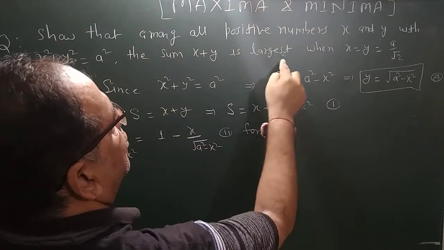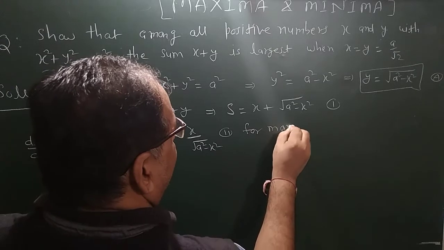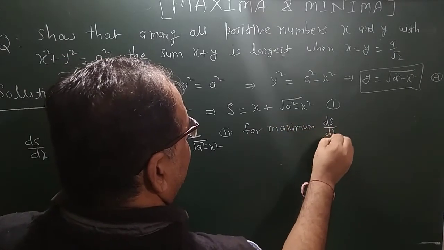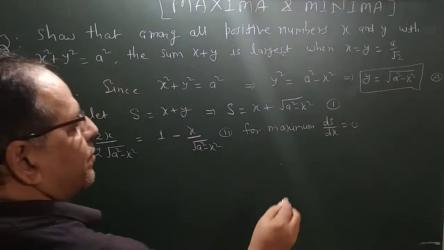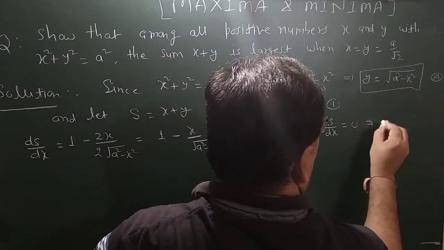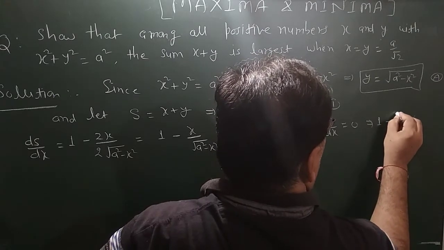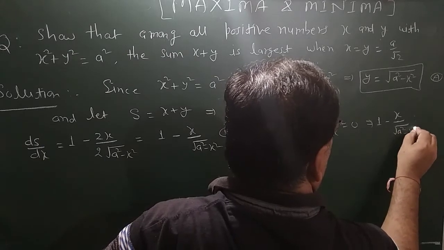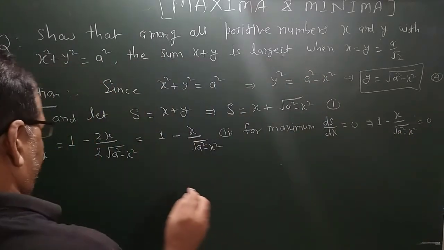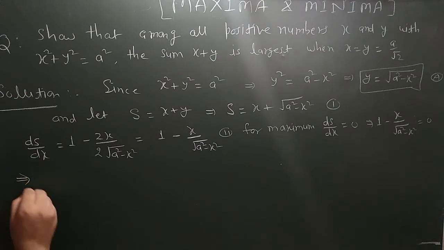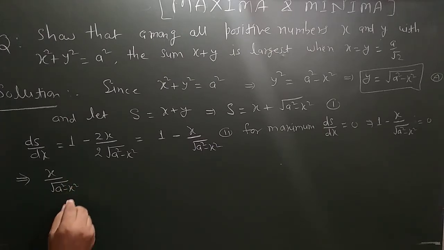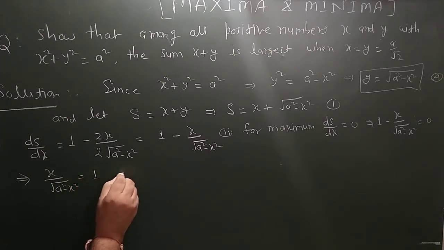For maximum, ds over dx equal to 0. That means 1 minus x upon under root a square minus x square equal to 0. This implies that x upon under root a square minus x square equal to 1.